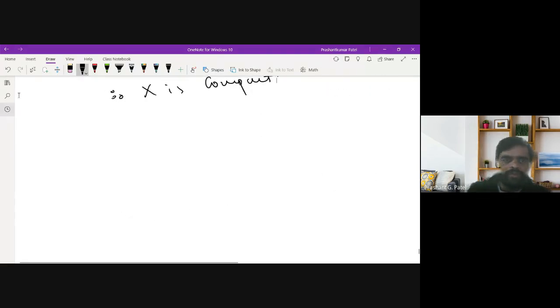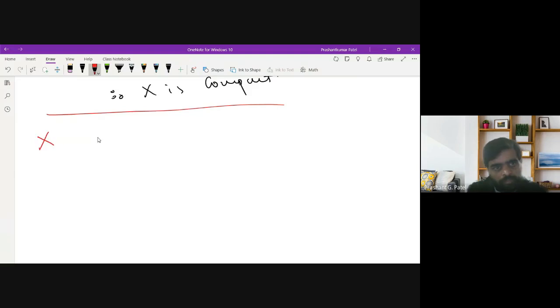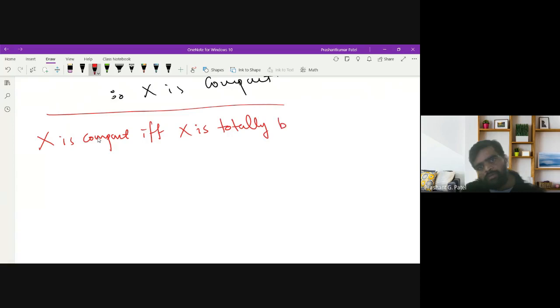Now let us recall what we have done till now regarding this compact metric space. X is compact if and only if, we have proved, X is totally bounded plus complete.